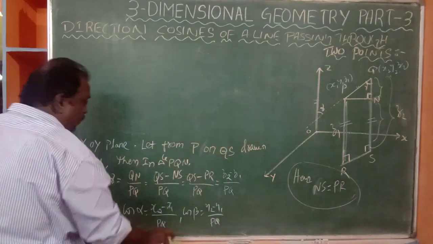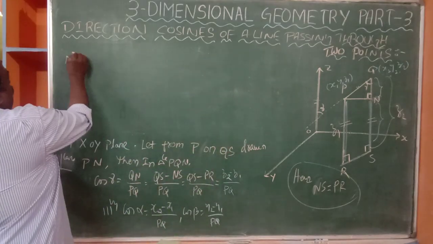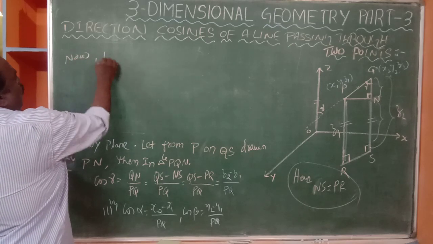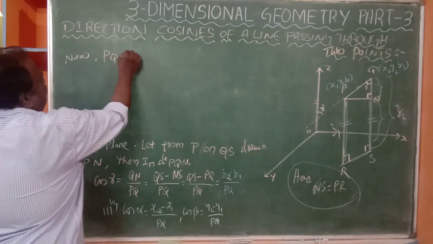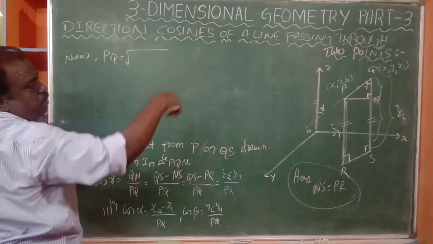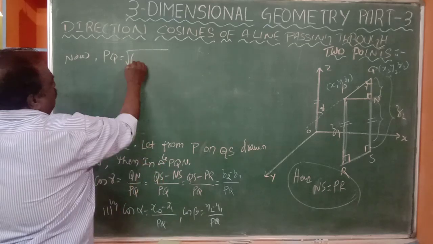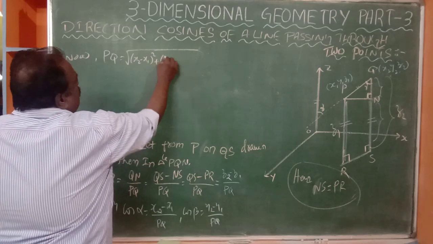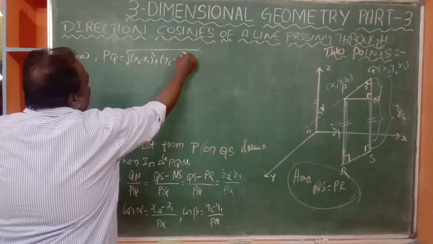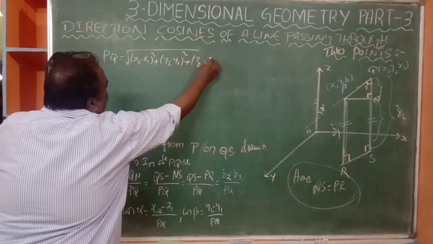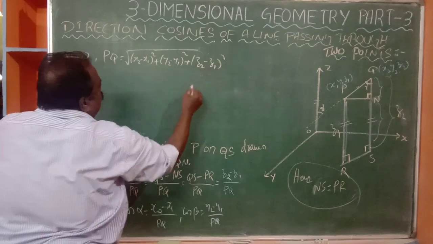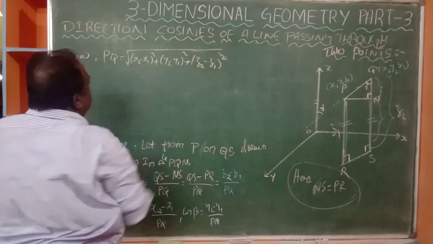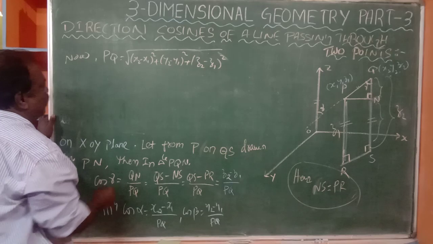I will explain here. What is PQ? PQ is nothing but the distance between P and Q, the very first concept I explained: square root of x2 minus x1 square, plus y2 minus y1 square, plus z2 minus z1 square. This is PQ.